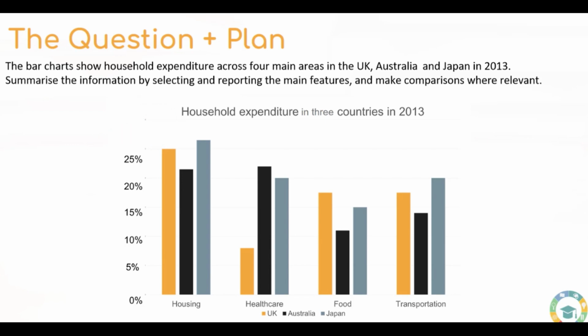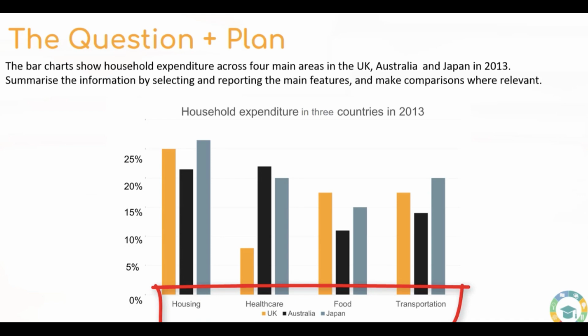Now let's move along to having a better look at what we are being shown. On the y-axis, we have percentages from 25% down to 0, which is the total household expenditure. Along the bottom on the x-axis, we have 4 types of household expenditure: housing, healthcare, food and transportation.